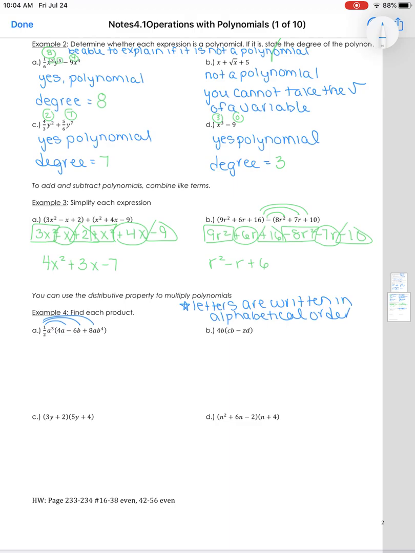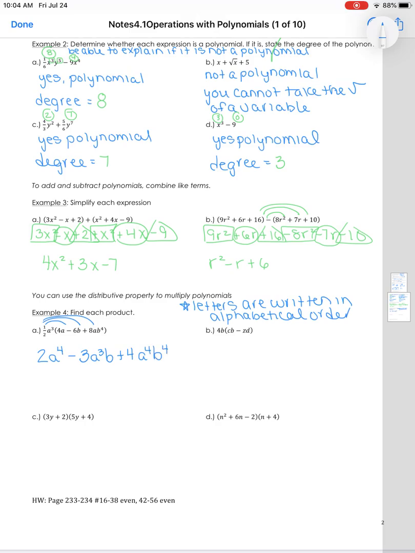All right, for this final set of examples, it says you can use the distributive property to multiply the polynomials. The one thing you want to make sure to do is the letters are written in alphabetical order. And that's saying when you have more than one put together. So we're going to distribute.